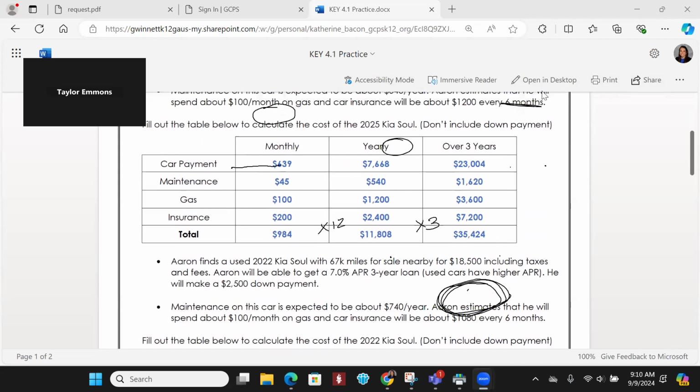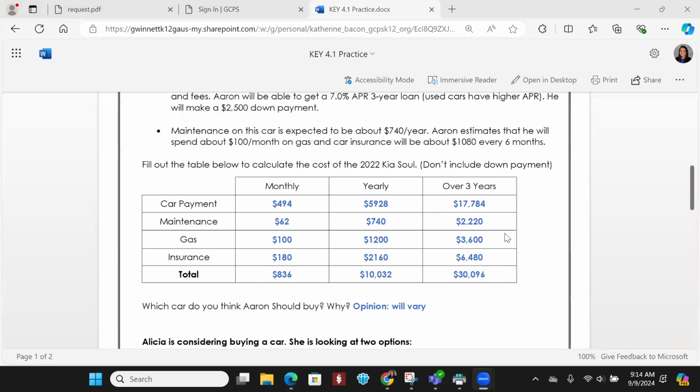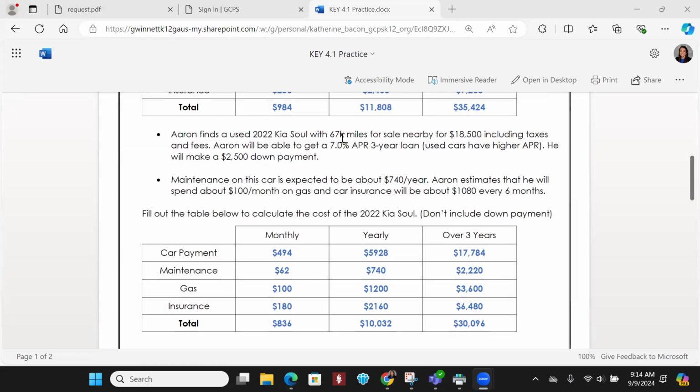Okay, so now that you've seen one. All right, so there's the second problem. Okay, the way you got your monthly, remember, is your monthly payment formula. Okay, again, don't include your down payment on this one. Maintenance on the car is about $740 each year.